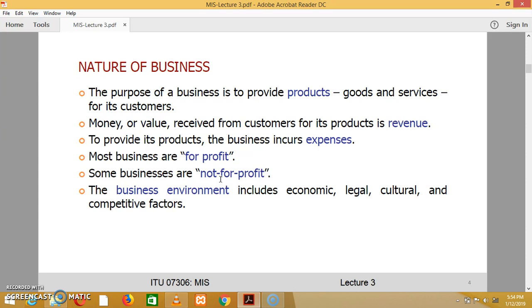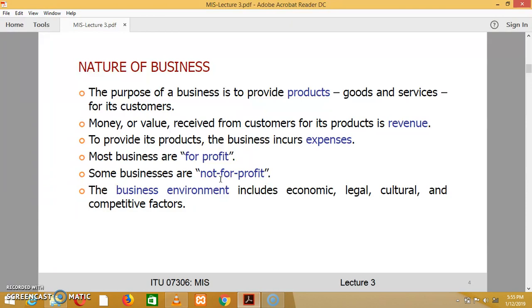When we are talking about businesses and information systems, we want to see how and when we can integrate businesses and information systems. That's why we're studying these businesses. Businesses can be profit or non-profit, but most are profit-oriented.